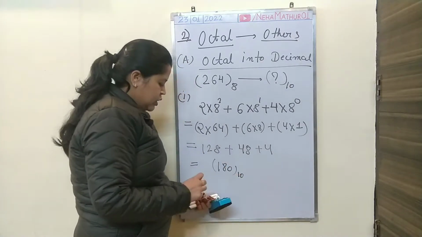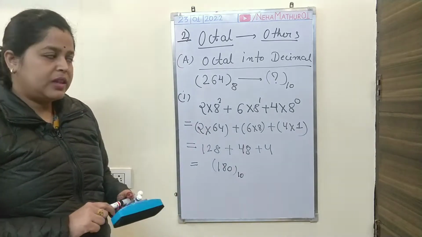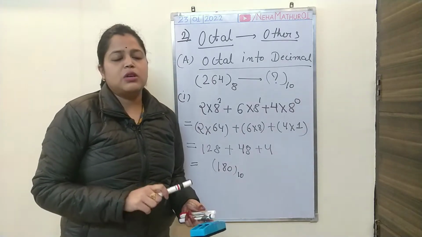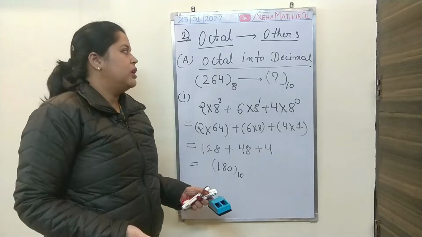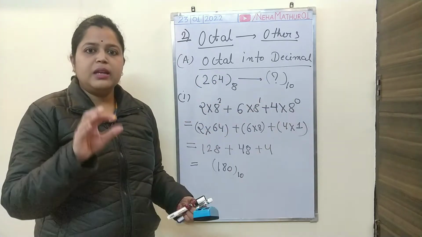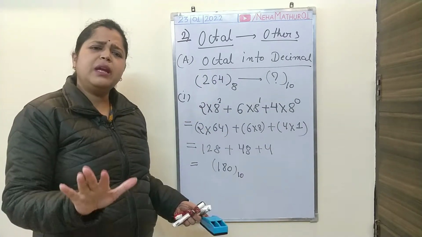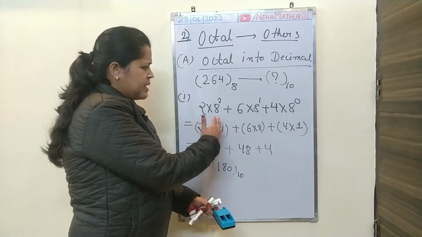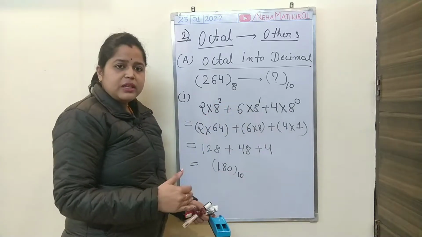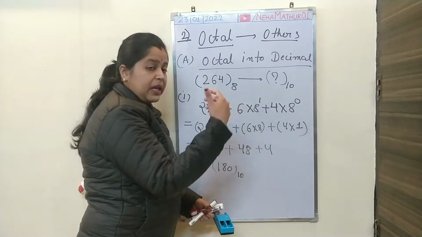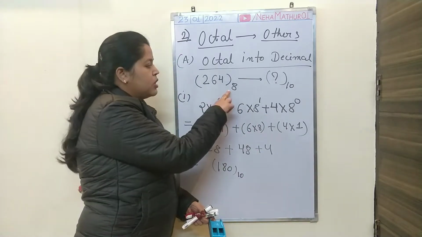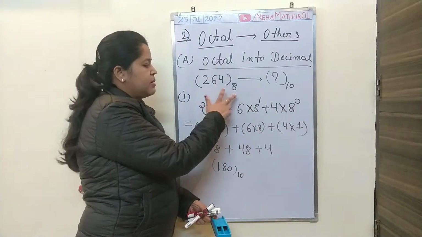Always remember one thing, that if you have a given octal number and you want to convert it into decimal, firstly you will have to separate out all the digits. After that multiply all the digits by 8. Why am I taking 8? Because the base of that given number is 8.